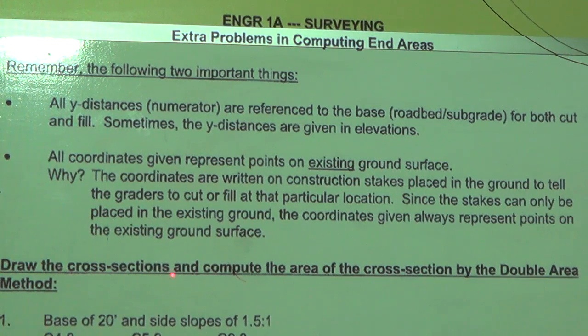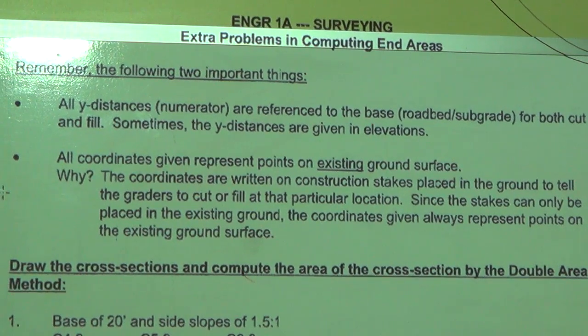It says draw the cross-section and compute the area of the cross-section by the double area method. So let's start with the first one. They're saying there's a base of 20 feet. All the ones we've done so far had a base of what? 30 feet, 15 on either side. So first thing you do, and we should do this all, draw it to scale. You're going to finish these problems and draw them to scale.